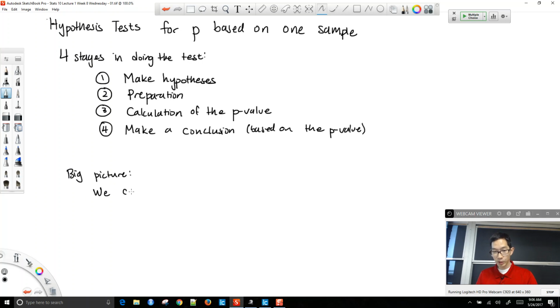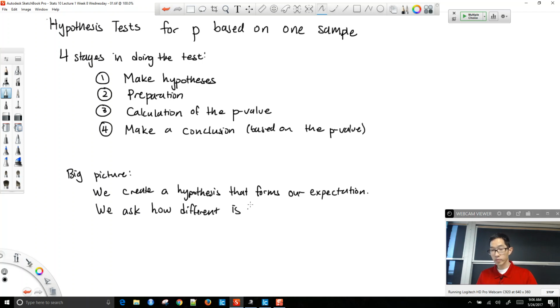Big picture, we create a hypothesis that shapes our expectation, and we ask how different is the reality or our observation from our expectation.